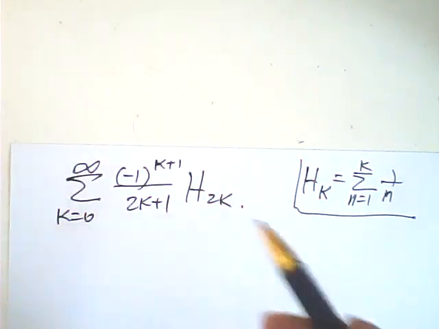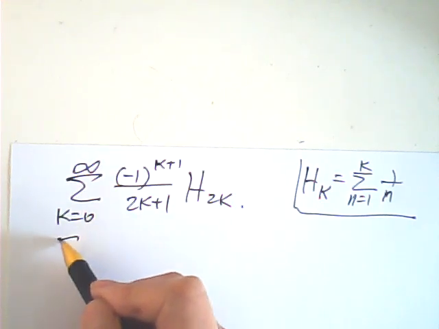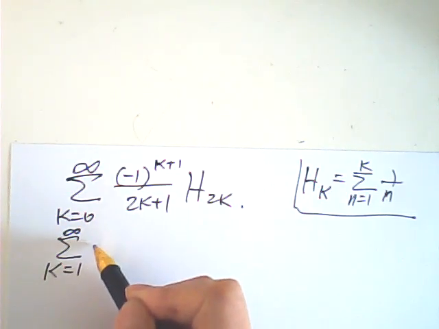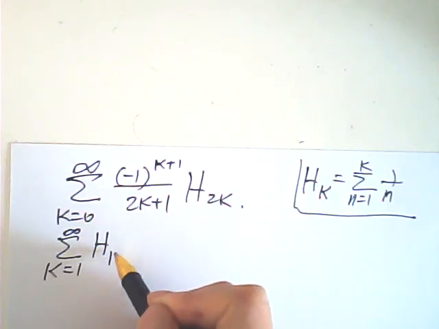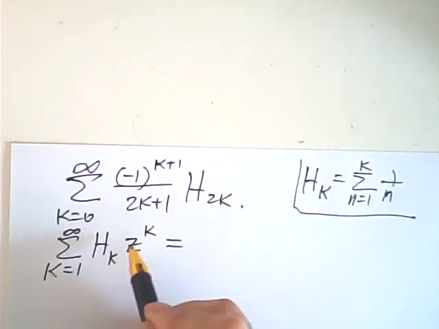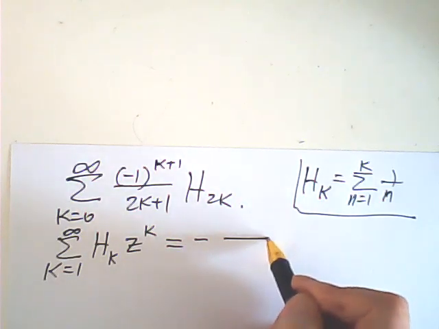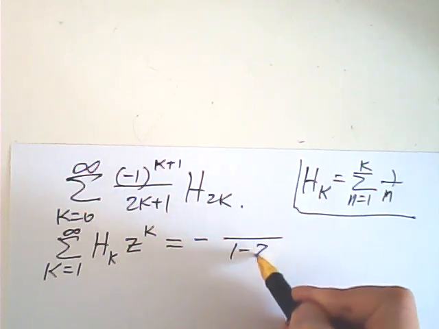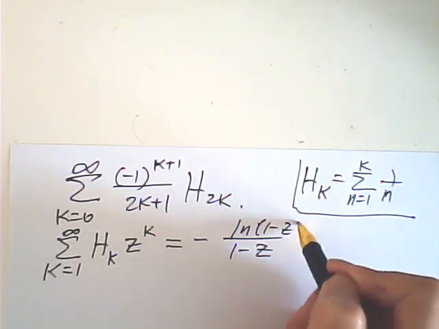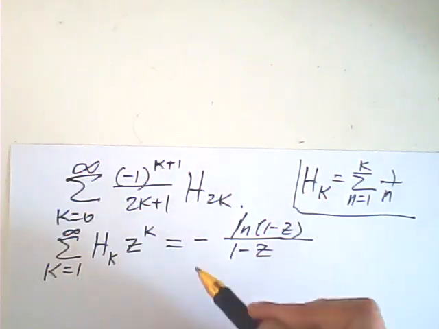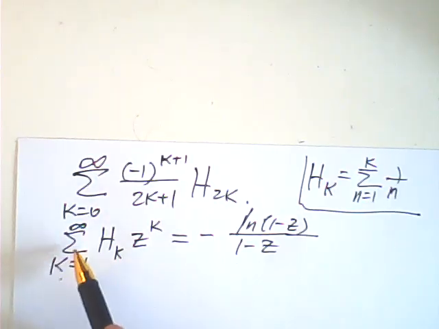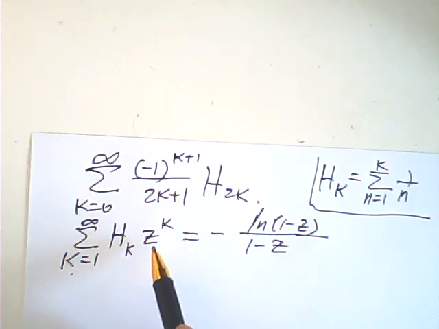Okay, we know this. We know that the sum from k equal to 1 to infinity of H_k times z to the k, where z is a complex number, is negative log of 1 minus z over 1 minus z. That is an available formula for the sum of H_k z^k.